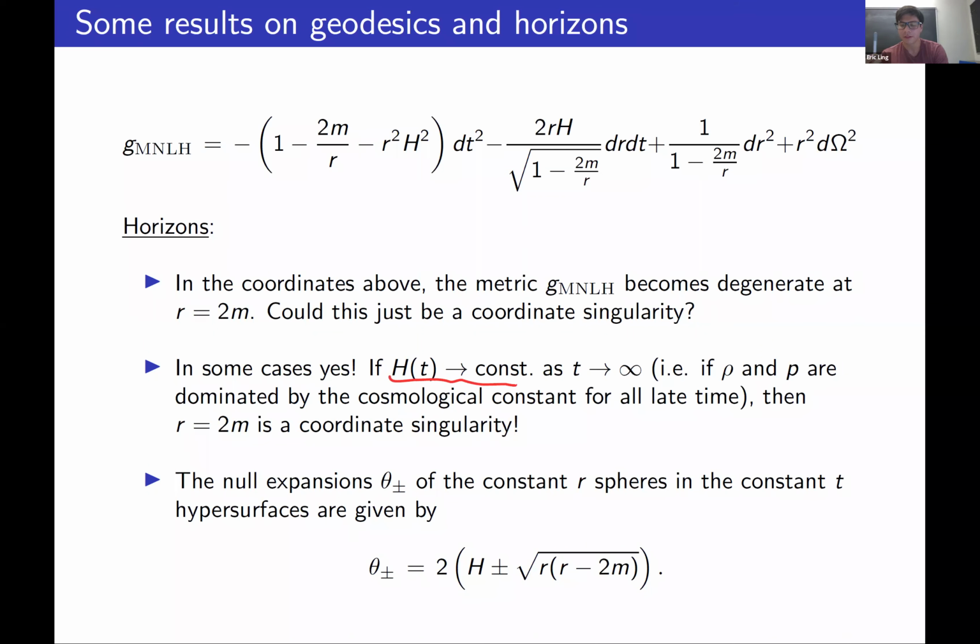When you set h equal to 0, then r equals 2m should correspond to a MOTS, a marginally outer trapped surface. But here we're not getting that. Here, it depends on what h is. So the event horizon that you would get here does not correspond to a MOTS in this model.